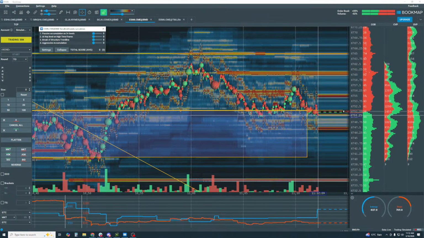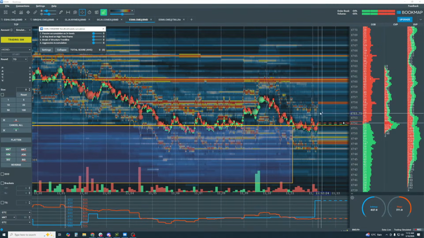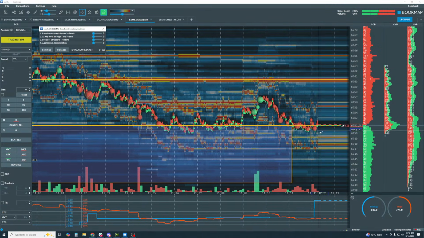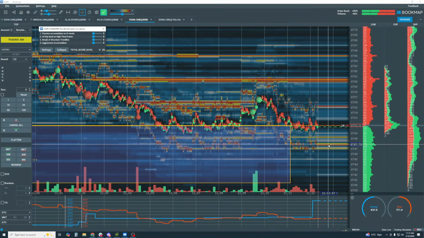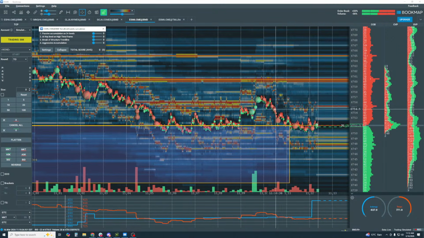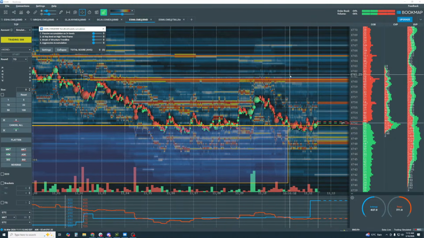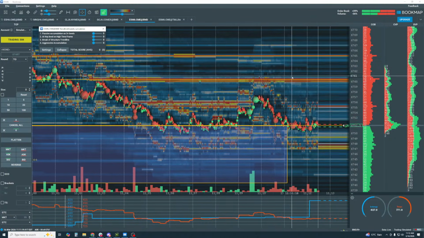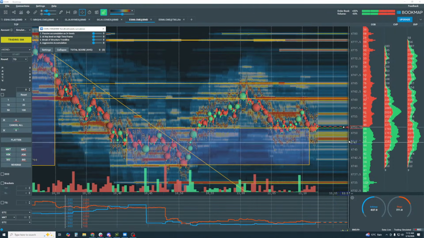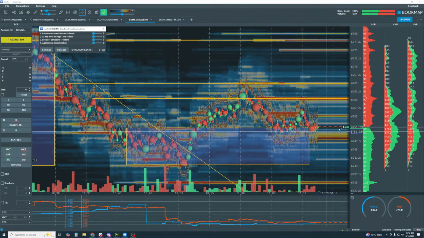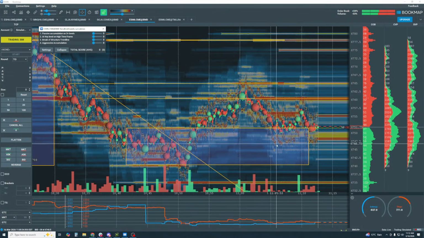Okay, let's see. This is where we would look for those sellers in here. And I don't know, the first test would probably be around this 48 level. Or another scenario is this just turns into our big value area.